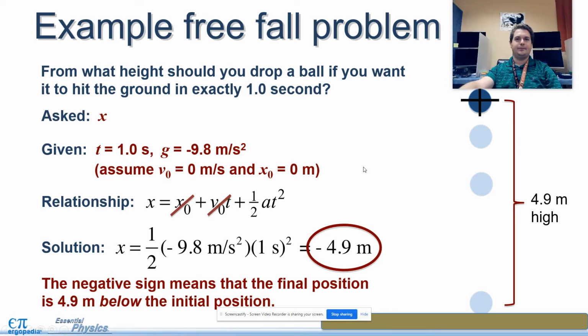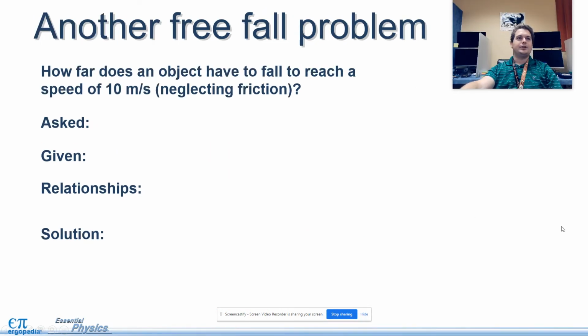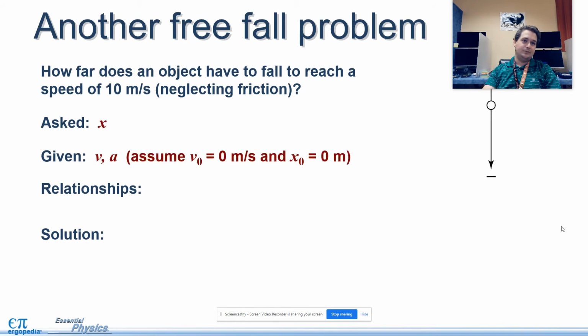Next, another example problem. How far does an object have to fall to reach a speed, a velocity, of 10 meters per second, neglecting friction? So you're asked how far; you're asked to find position again. You're given velocity.